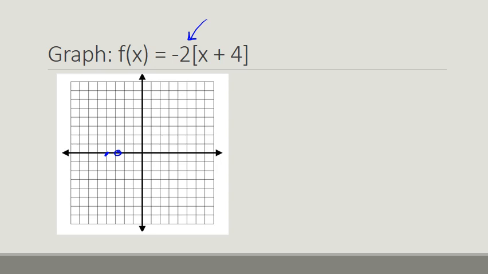So instead of going from here to here, we're going to go down, but we're going to go also by 2. So we're going to go here to here. And we're going up or down by 2 each time.